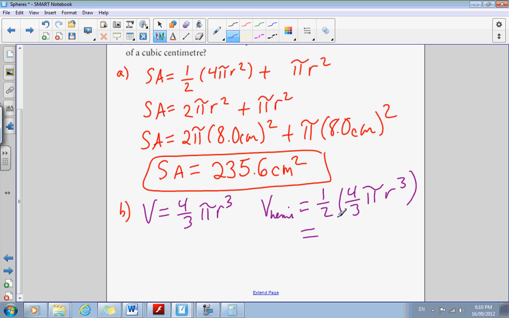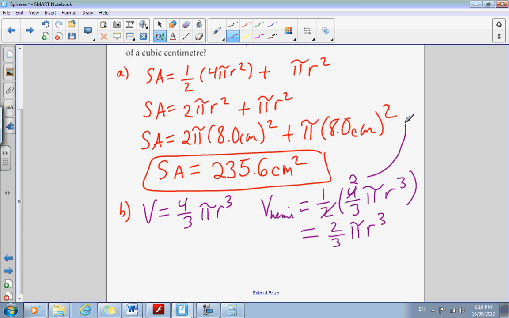Now, 1/2 times 4/3, we can reduce this because 4 divided by 2 is 2. So you're left with 2/3 pi r cubed. These can cancel out to be left with a 2.